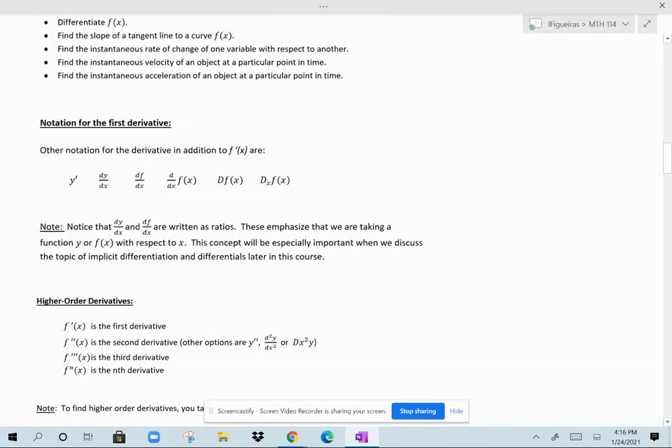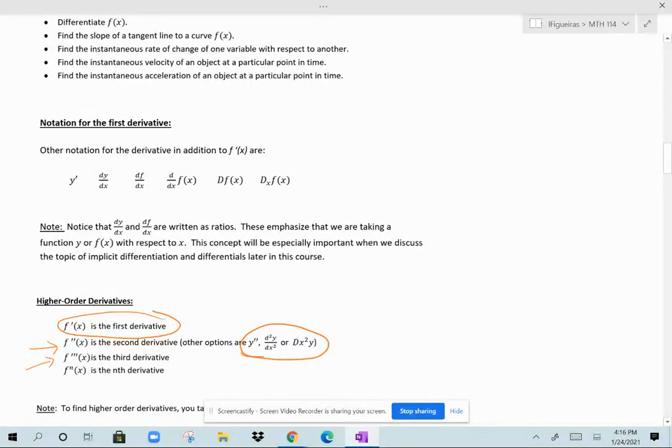Now we have higher order derivatives, which means you can take a second and third and a fourth derivative. With one tick mark here, that would be the first derivative. Two little tick marks in between the f and the x, that means the second derivative. But with some of the other notations I mentioned above, it could be stated like this.